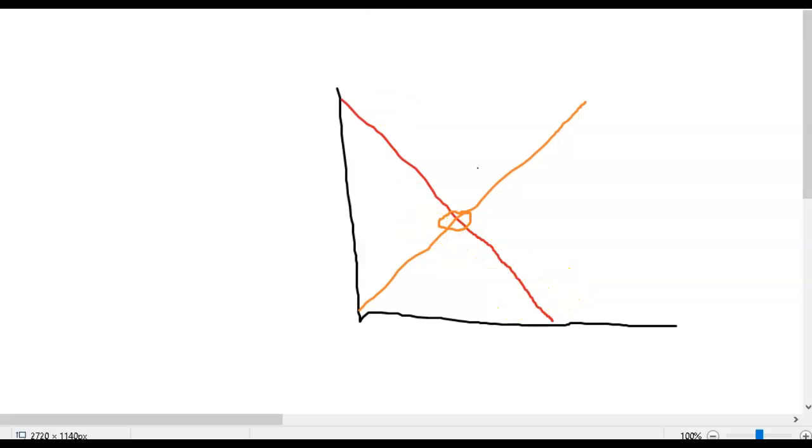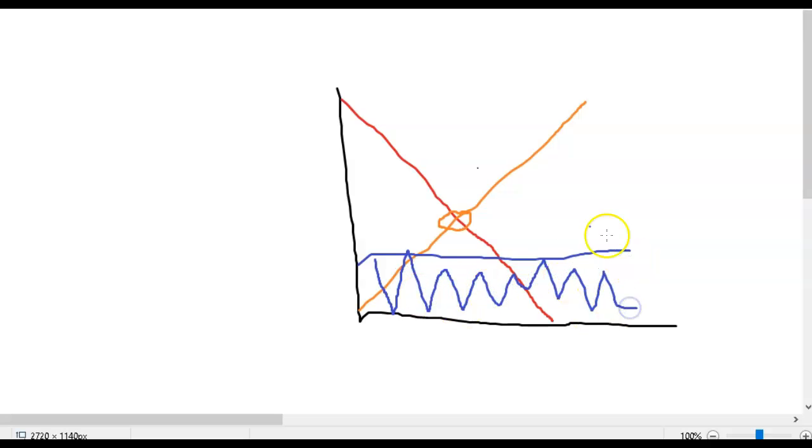Everyone is very happy. But now if the rent ceiling is below the equilibrium, so it's over here, this means that all the prices over here are now legal, but all the prices above are illegal. Because if the price ceiling is here, this means you can only charge rent up to here. This is the maximum.